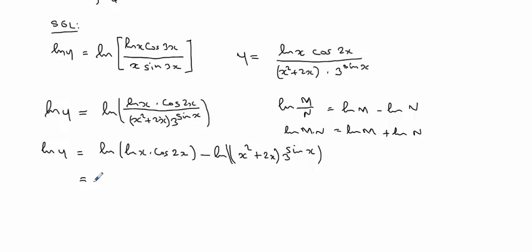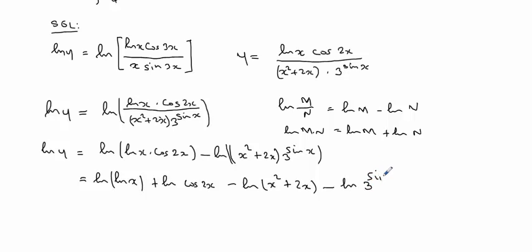Then we're going to now write this as ln of ln x plus ln of cosine 2x minus ln of x squared plus 2x minus ln of 3 sine x.